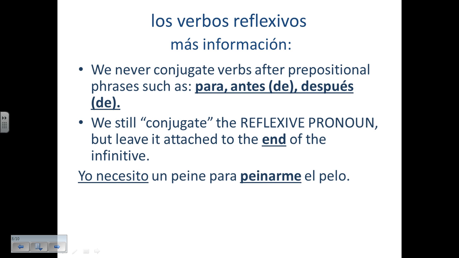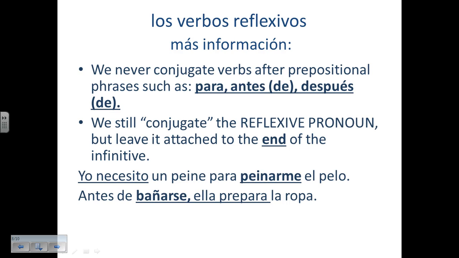There we go. Now para means in order to, so yo necesito un peine para peinarme el pelo. I know that I'm going to change peinarse to peinarme because yo necesito, that conjugation of our first verb.